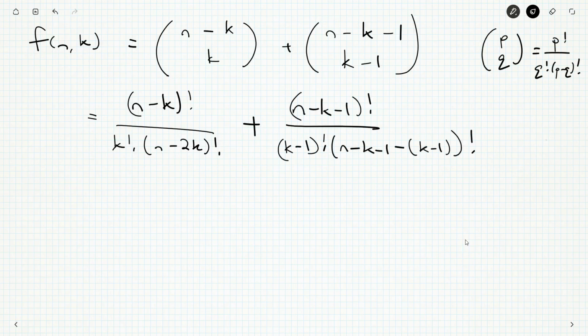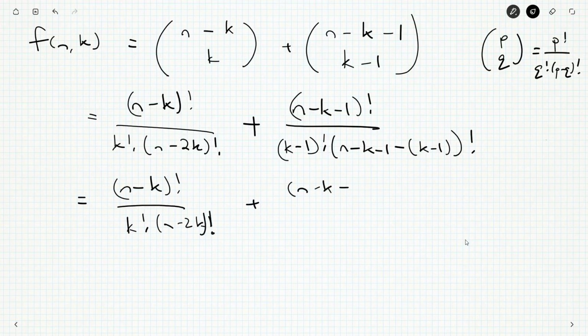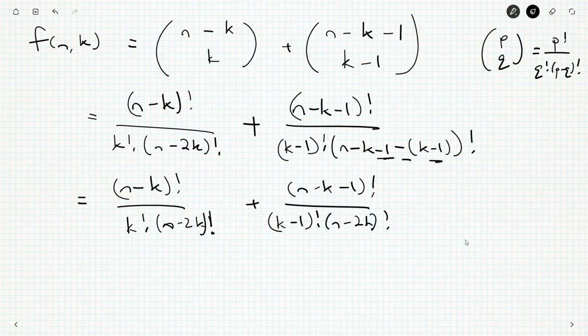Let's be very careful here. Minus k minus 1 factorial, k minus 1 factorial. n minus k minus another k, so that'll be n minus 2k. And then minus 1 minus another minus 1. I think we're good to go. So we've got n minus 2k for both of them.